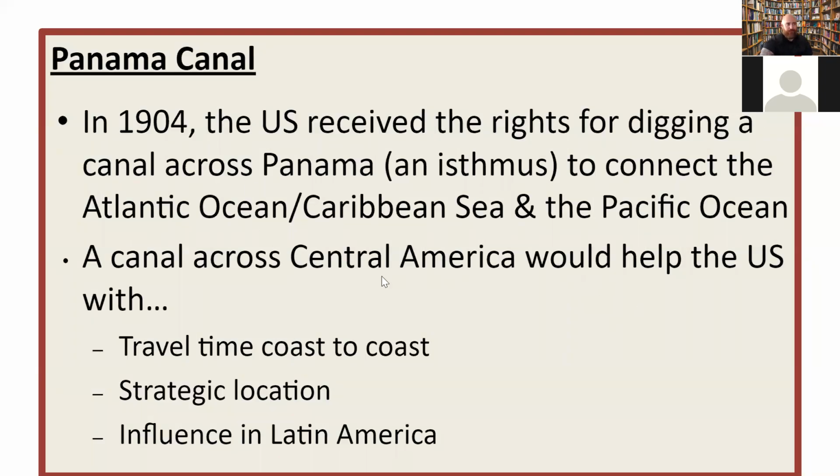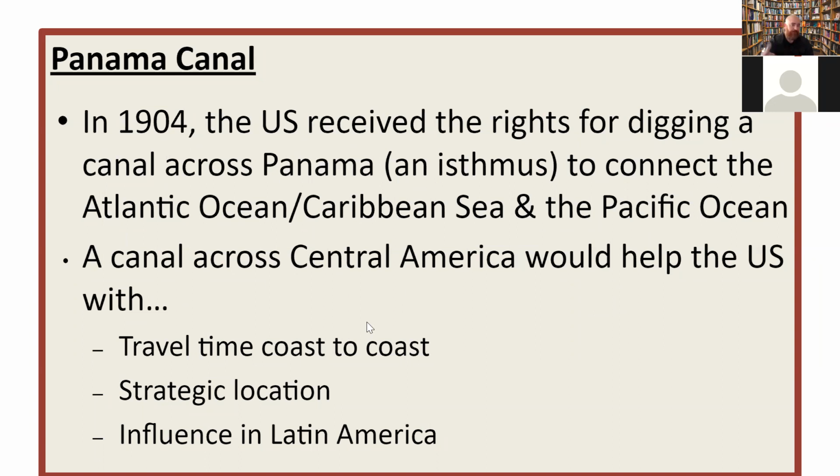Okay, so one of the last things we're going to talk about is the Panama Canal. They were looking for a way to open up those shipping lanes. And so they find just the smallest area. If you look at a map of Central America, the smallest area that you have to dig out is Panama.